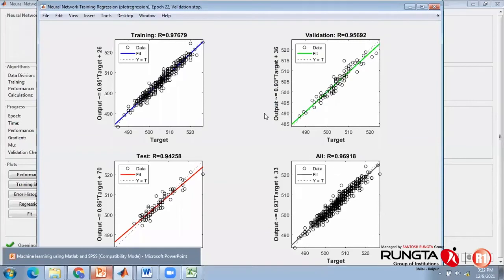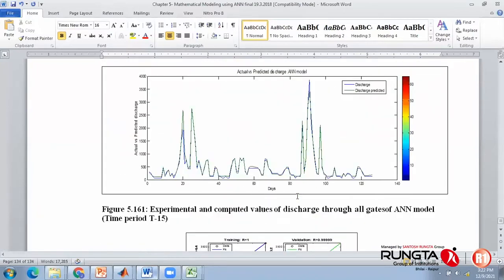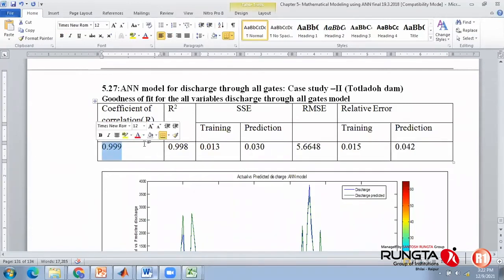So this figure ultimately gives you the R, which we usually provide in a table, no? Even this one. If I talk about the R, obviously this is not related to this data, but related to our PhD thesis. In this, we usually provide the summary of new ANN models, wherein we provide the coefficient of correlation and coefficient of determination.